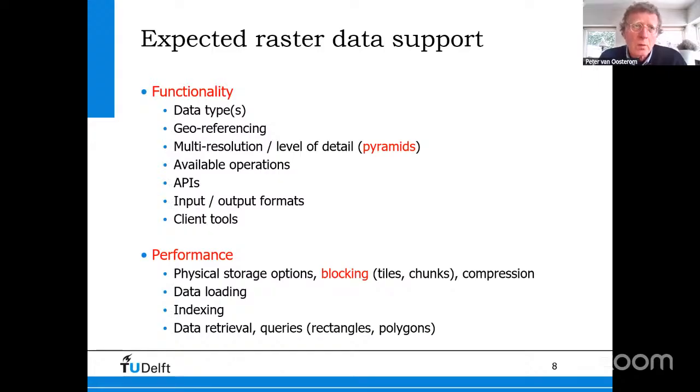So the blocking or the tiling is a kind of spatial organization that can then be indexed with an R-tree or a quadtree. Important is the option to be able to compress. Uncompressed data takes much more space than compressed data. And performance-wise, when your data is loading, this conversion into the blocks is taking place and the indexing is taking place.